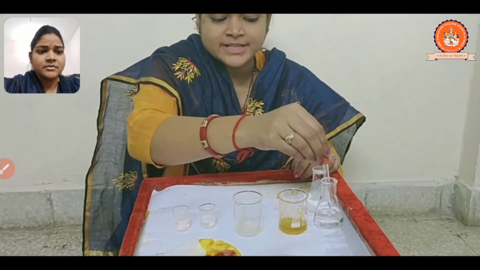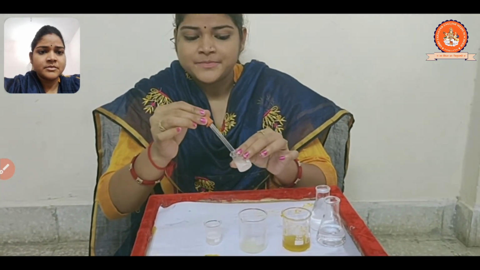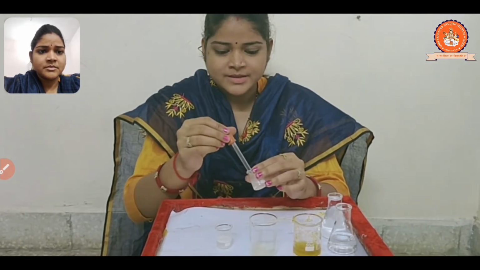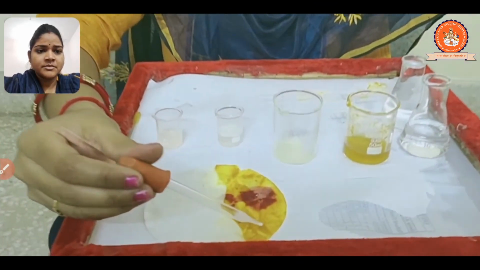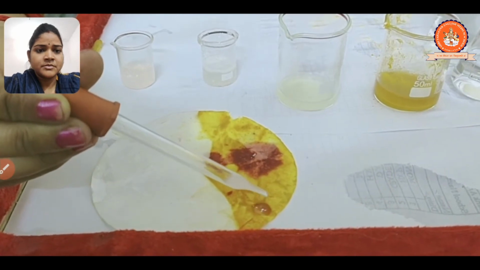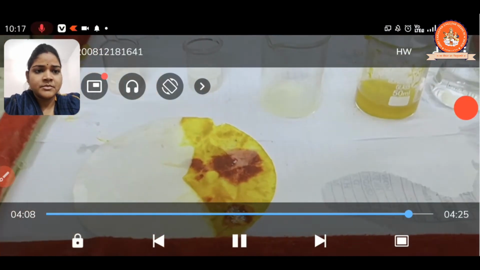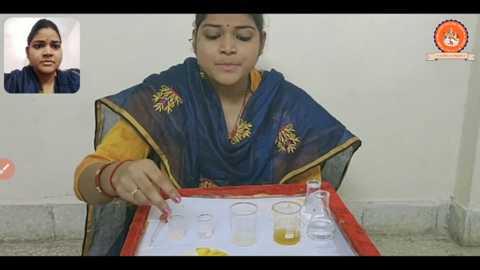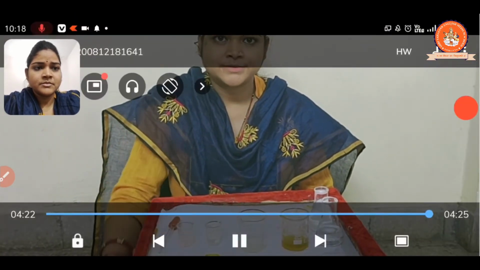Right? Now next I take quicklime aqueous solution, it is called slaked lime. So take it with a dropper and put a drop on turmeric paper.